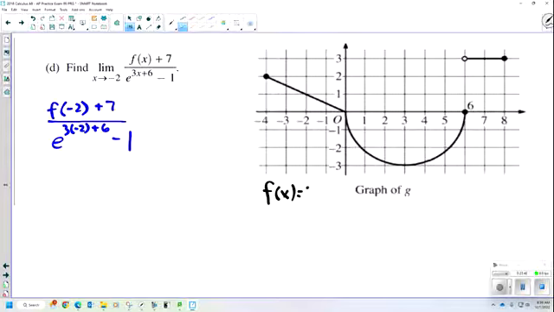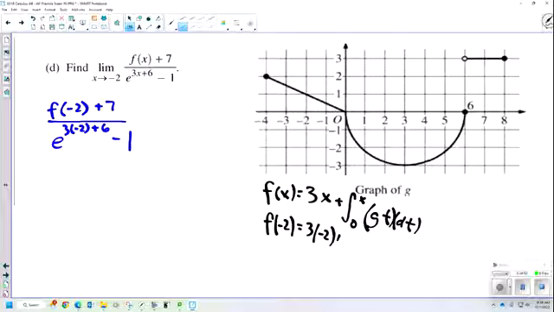is 3x plus the integration from 0 to x of g(t) dt. So if I want to find f of -2, that's going to be 3 times -2 plus the integration from 0 to -2 of g(t) dt.